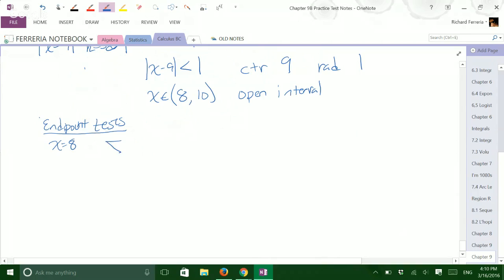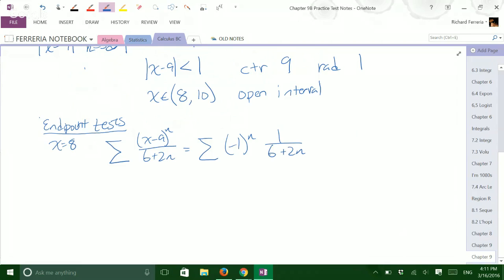Now at x equals 8, x minus 9 to the n over 6 plus 2n is going to turn into negative 1 to the n, 1 over 6 plus 2n. And you're supposed to figure out what is the appropriate test for this series. Yeah, this is alternating, so we're going to use the Leibniz test.